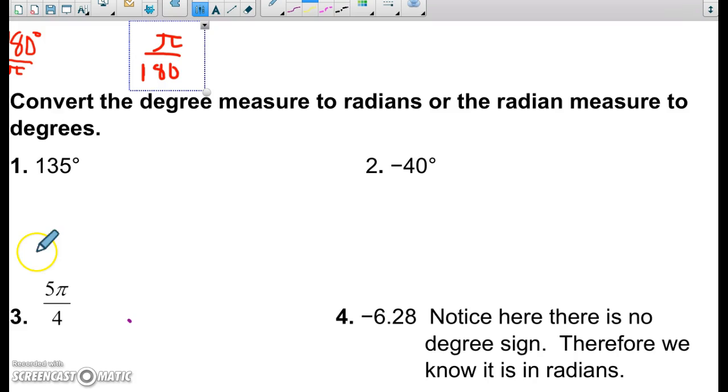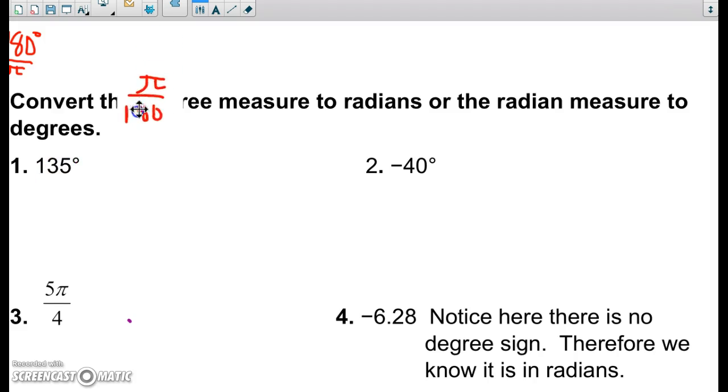All right, let's try some more. We're going to convert the degree measures to radians and the radians to degrees. 135 degrees. We want to convert that to radians. We're going to use this formula. We're going to multiply it by pi over 180.